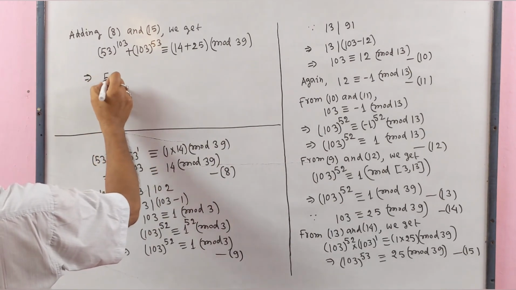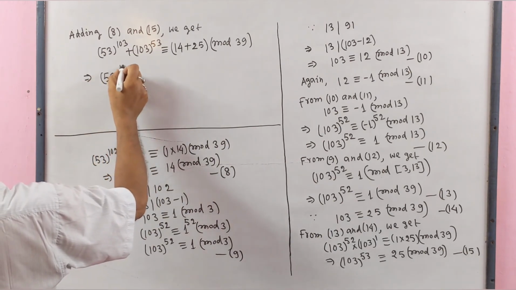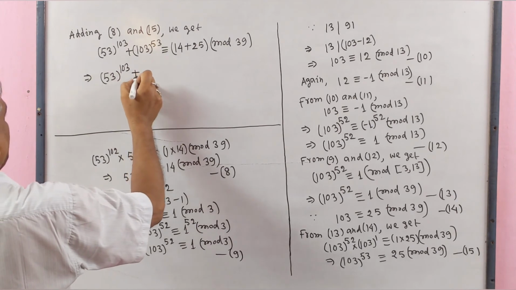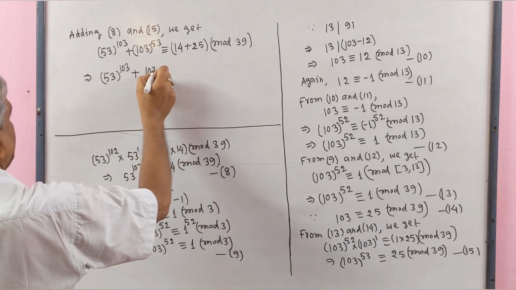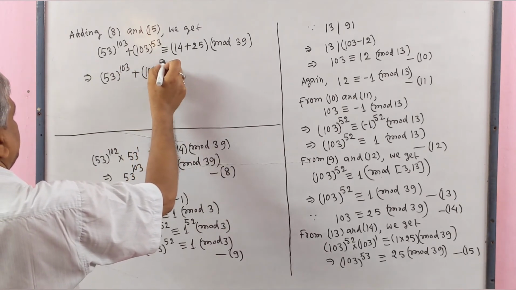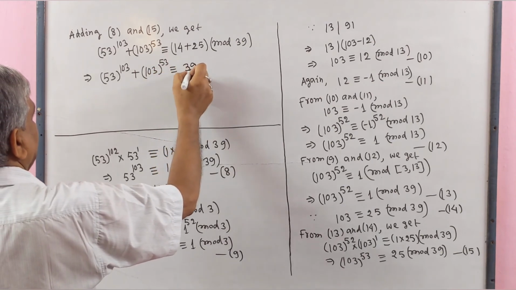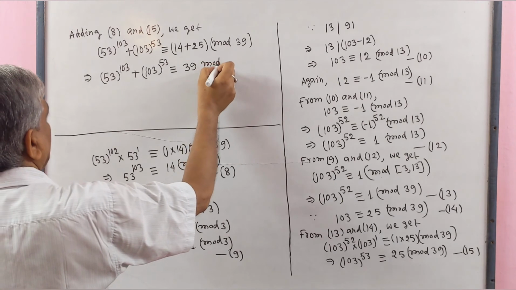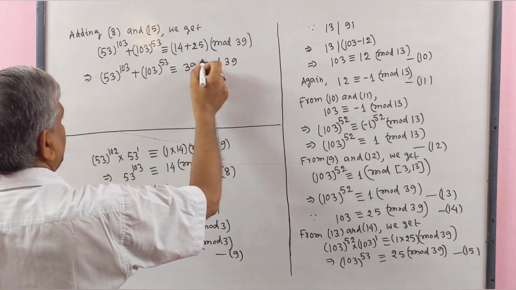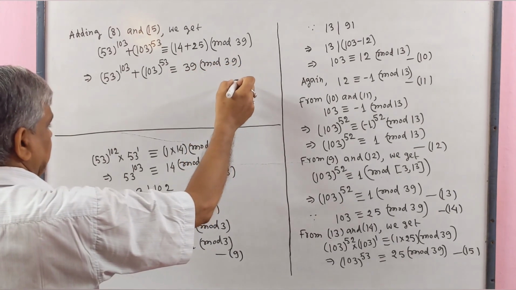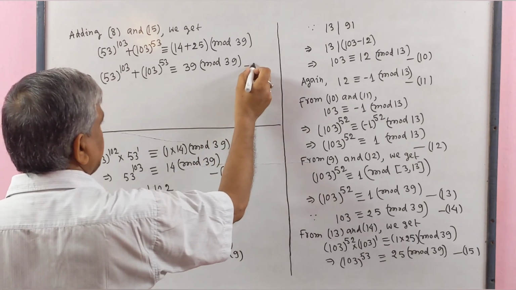This implies that 53 to the power 103 plus 103 to the power 53 is congruent to 39 modulo 39. This is number 16.